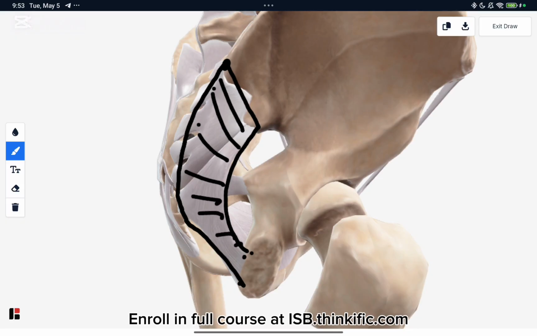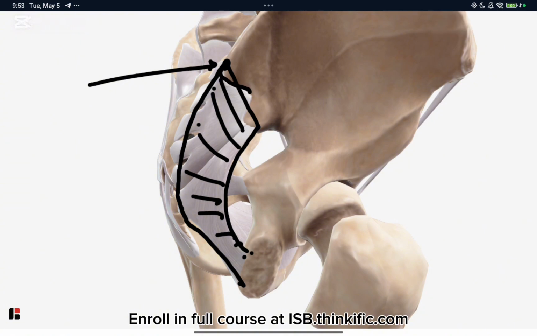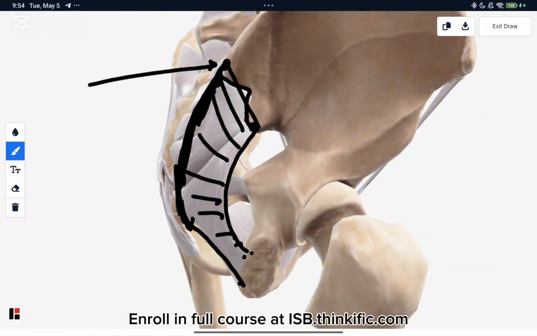It begins at the posterior superior iliac spine, and then along this ridge of the ilium, and also the posterior inferior iliac spine, along the back of the sacrum, and the dorsolateral surface of the coccyx.